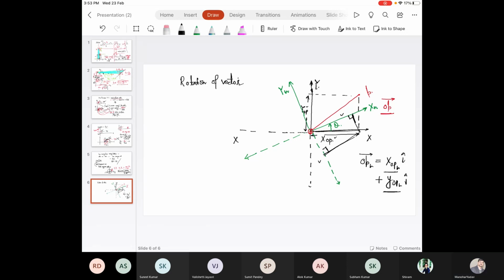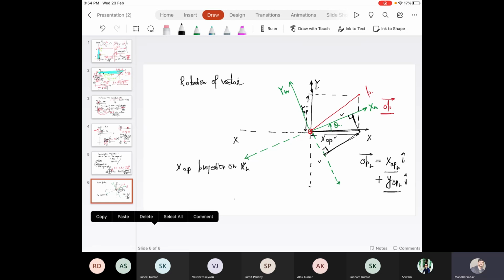Okay. So if we see the projection of XOP on xn, what will it be? It is equal to XOP cos theta.